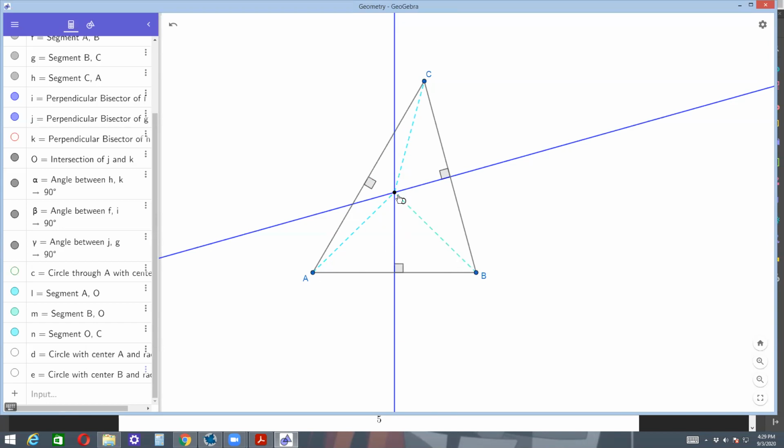You can think of this as an isosceles triangle. Is that not clear to anybody? If I have a perpendicular bisector and I choose a point on the line, O is just a point on this bisector, then automatically AO must be equal to BO.